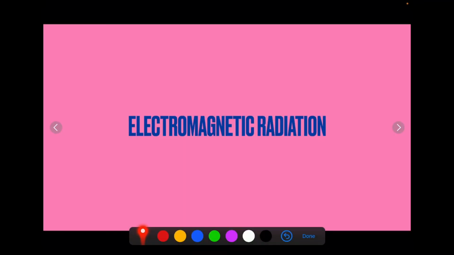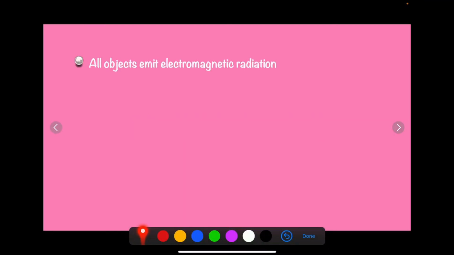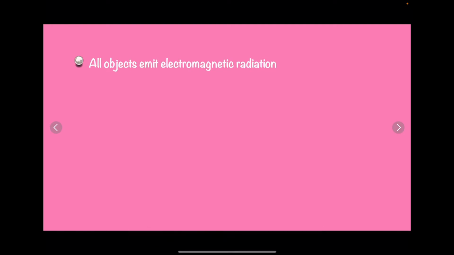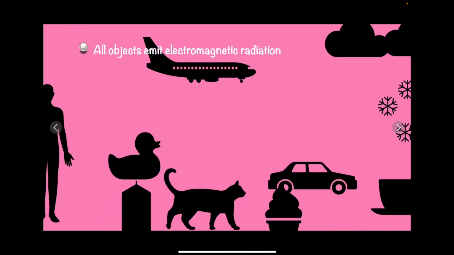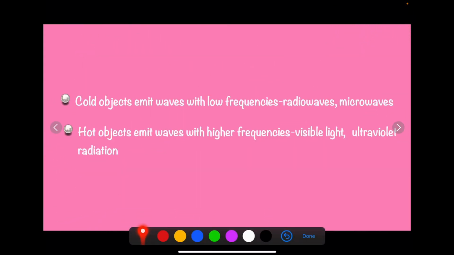What is electromagnetic radiation? All objects emit electromagnetic radiation. Cool objects emit waves with low frequencies such as radio waves and microwaves, while hot objects emit waves with higher frequency such as visible light and ultraviolet radiation.